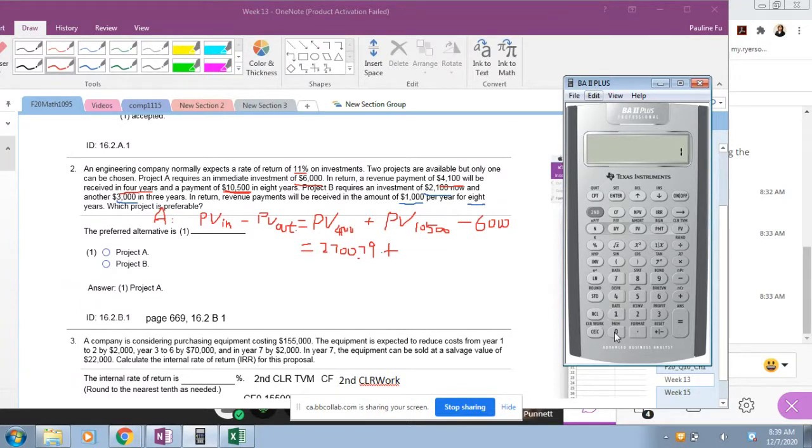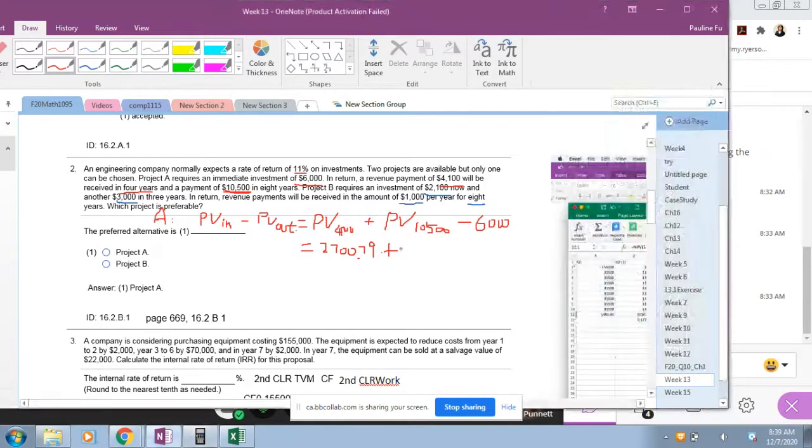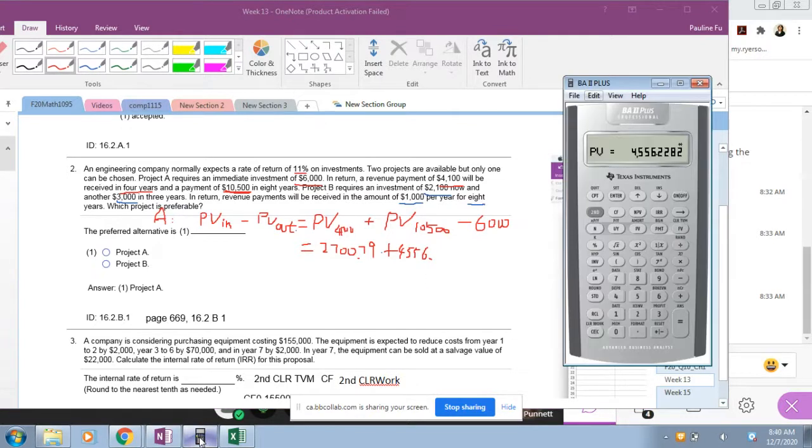The future value is 10,500. Compute present value. I got $4,556.23.